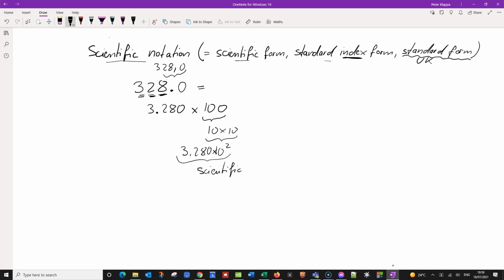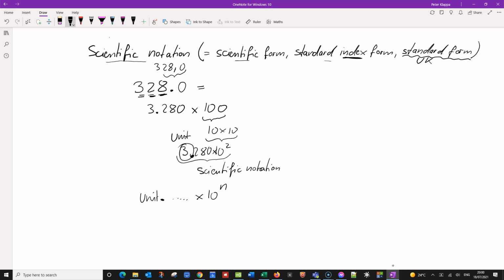Scientific notation is expressing a number just as a unit, that's the one before the decimal point, then the decimal point, more numbers if required, times 10 to the power of the correct index, of course.